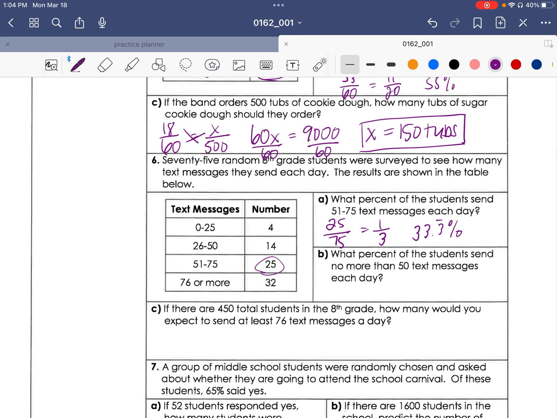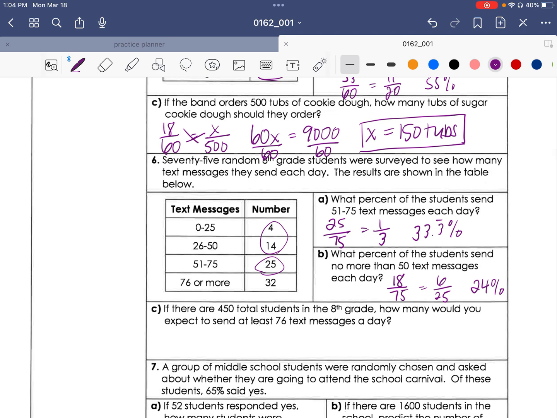What percent of the students send no more than 50? So those are these two right here. So that would be 18 out of the 75, which reduces to 6 out of 25, or 24%. I don't know if any of you guys fall into these categories.